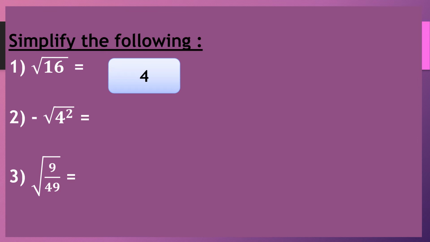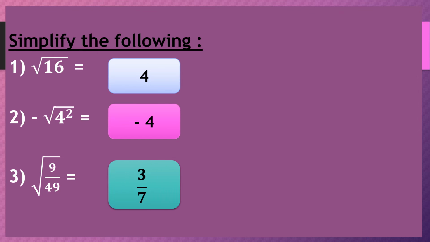The negative square root of 4 power 2 equals negative 4. Okay. The square root of 9 over 49 equals 3 over 7, because we take the square root of 9 over the square root of 49. The square root of 9 is 3 and the square root of 49 is 7.